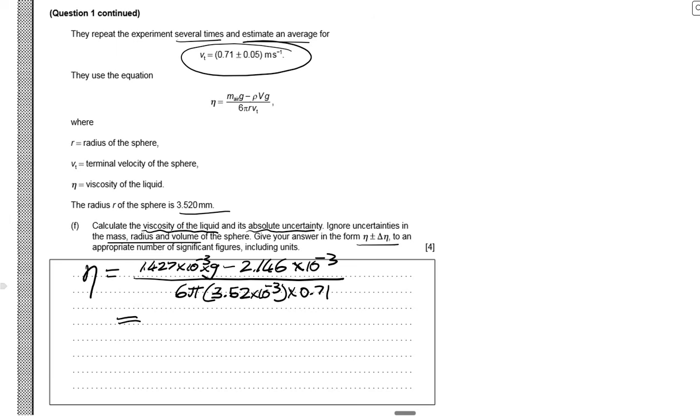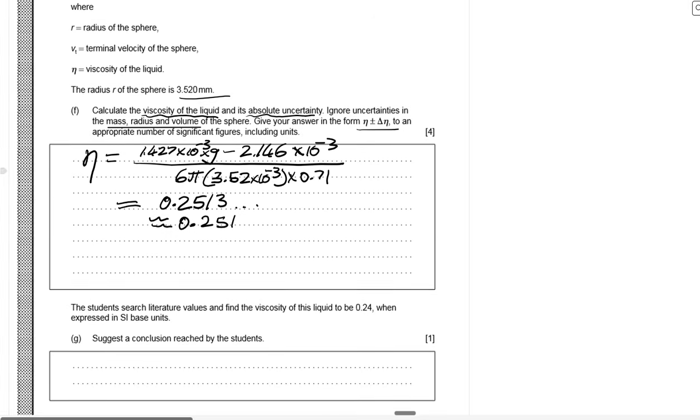Oops, made a calculator error. Let me just delete that. Okay, and so what I get is 0.2513, right? And that is roughly 0.251.